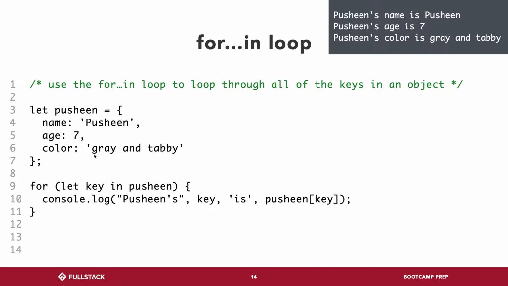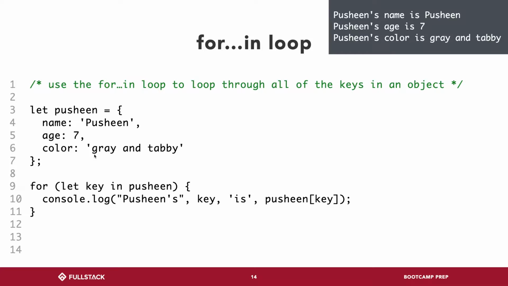So if the key is different every time, when the key is name, if we do Pusheen bracket variable key, which actually equals name, we will get Pusheen. Right. But you're not doing key plus plus, so why is it console logging all three? Because it's in a for in loop.